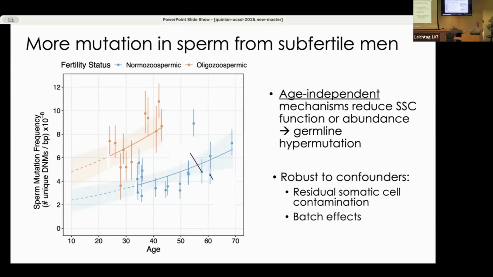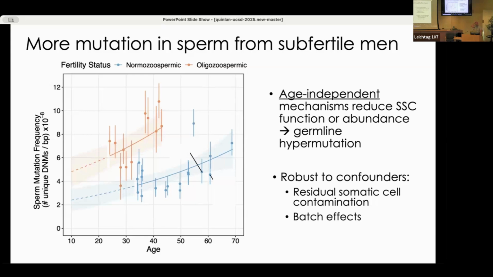One of the other things that was new to me when we started this work is that I always thought an ejaculate would be just sperm cells, but there's actually a high proportion of leukocytes and other somatic cells.